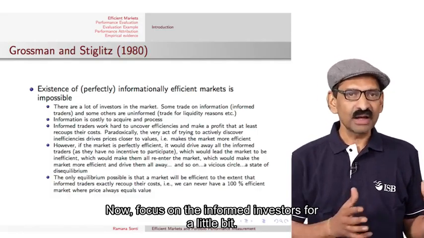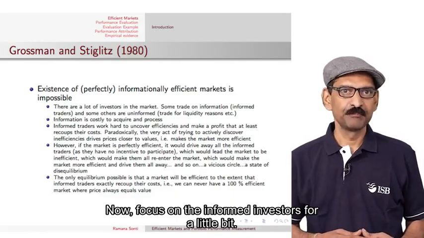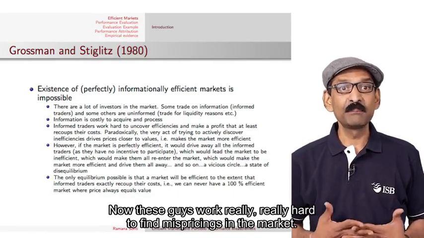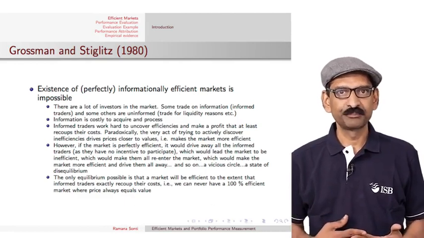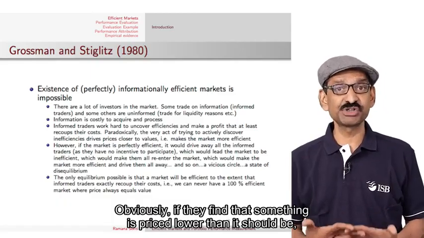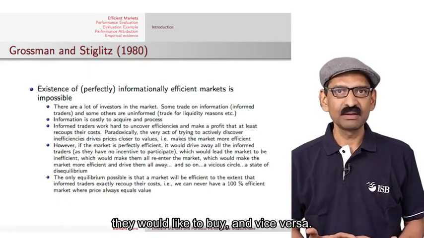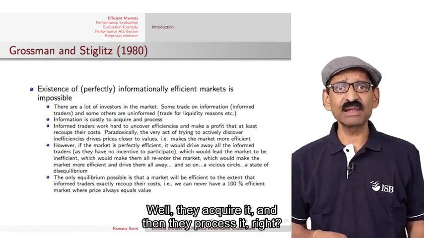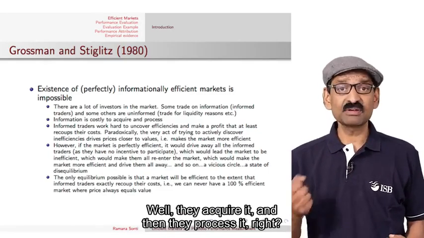Now, focus on the informed investors for a little bit. These guys work really, really hard to find mispricings in the market. Obviously, if they find that something is priced lower than it should be, they would like to buy, and vice versa. Where do they get this information? Well, they acquire it, and then they process it.